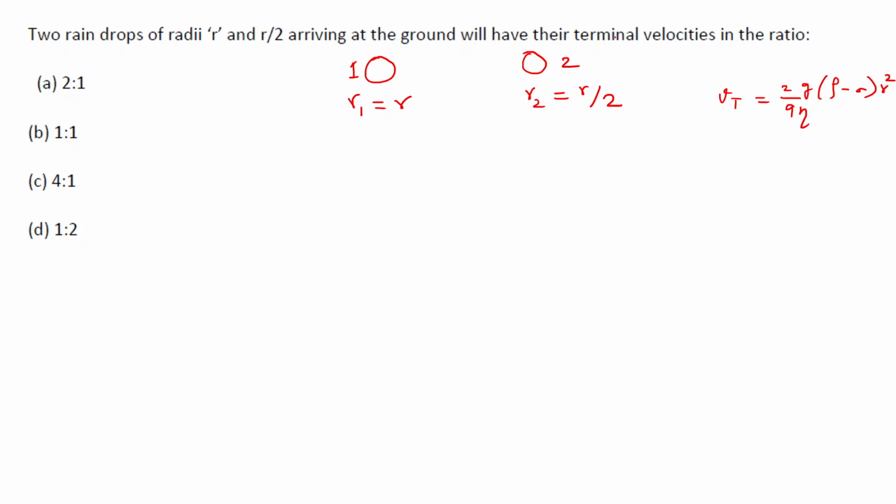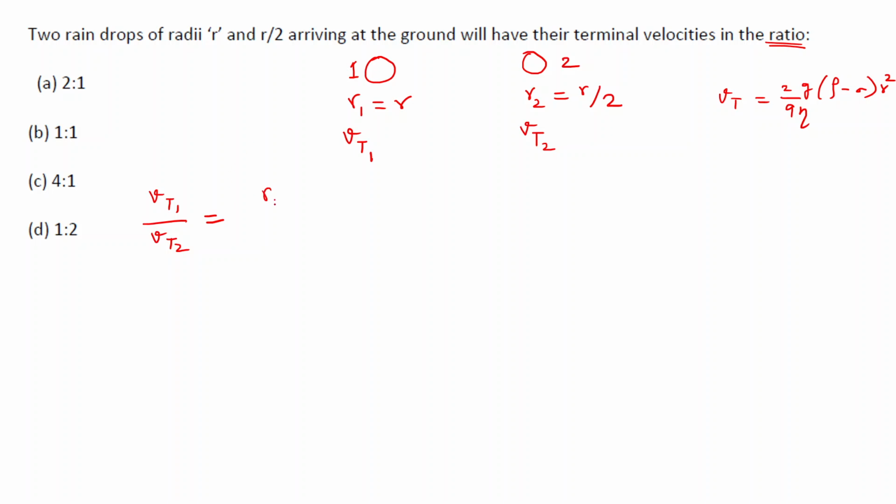That means if I take the ratio of terminal velocity for this, let's call it Vt1, for this, let's call it Vt2. So the ratio Vt1 to Vt2: g, 9, eta, all these are constants. The density of liquid also will be the same. So the only thing that changes will be the radius.